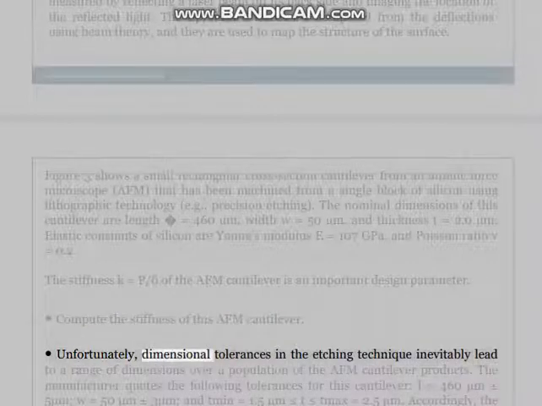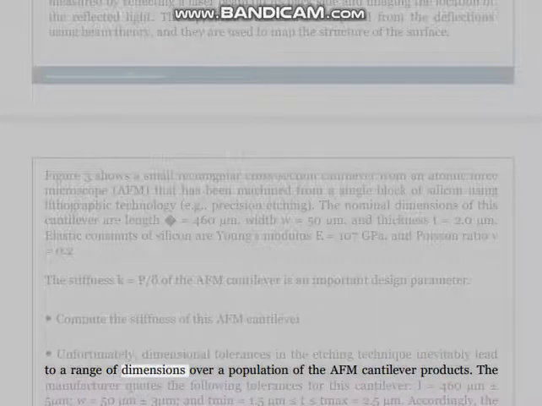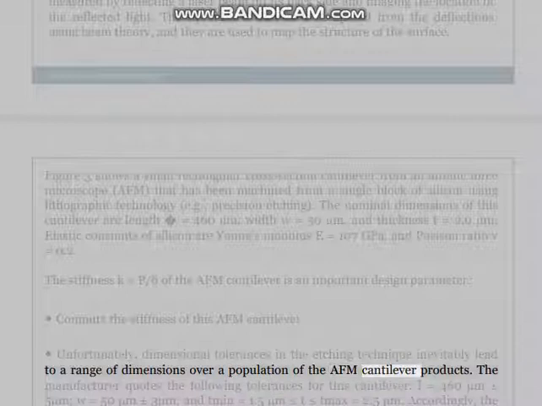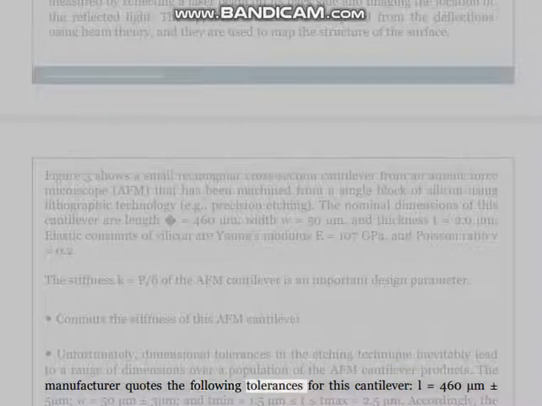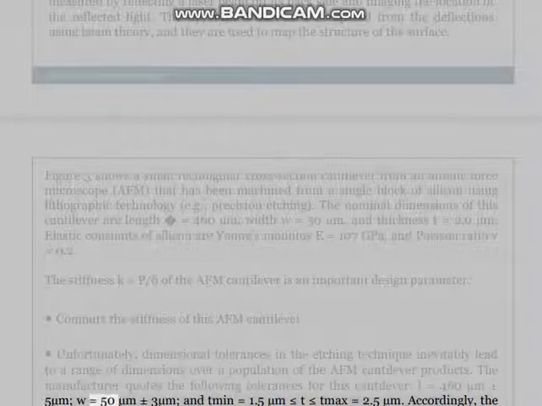Unfortunately, dimensional tolerances in the etching technique inevitably lead to a range of dimensions over a population of the AFM cantilever products. The manufacturer quotes the following tolerances for this cantilever: L equals 460 μm plus or minus 5 μm, w equals 50 μm plus or minus 3 μm, and Tmin equals 1.5 μm less than or equal to t less than or equal to Tmax equals 2.5 μm.